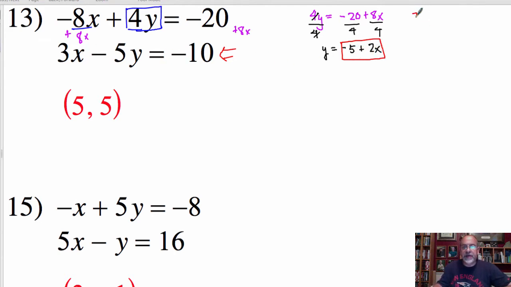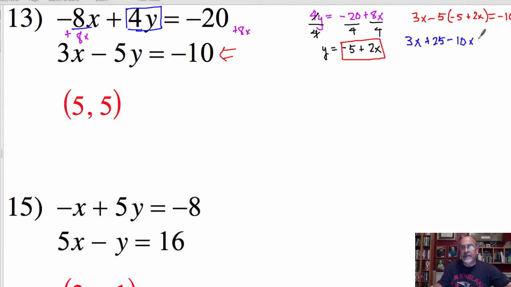So taking my second equation then, we have 3x minus 5. There's that letter y, so we're going to exchange that y for this expression that has equal value, and then finish writing my equation. To solve an equation with parentheses, we need to take care of that first by distributing. So that's going to be a positive 25.